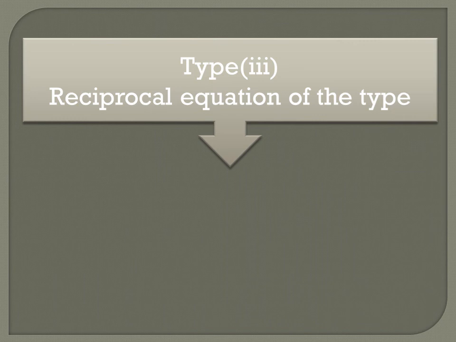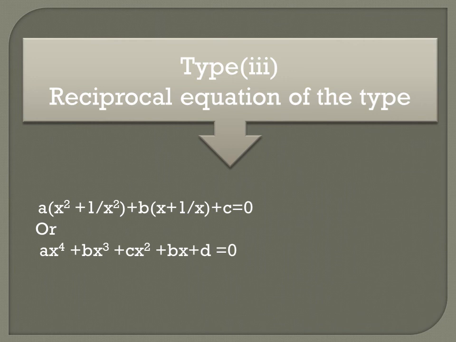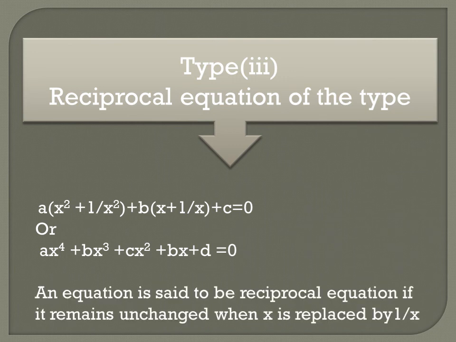For example, we have an equation a into (x square plus 1 over x square) plus b into (x plus 1 over x) plus c equal to 0, or it can be written as ax^4 plus bx cube plus cx square plus bx plus a equal to 0. In this equation, if x is replaced by 1 over x, then this equation remains unchanged. So we can say this equation is called a reciprocal equation.